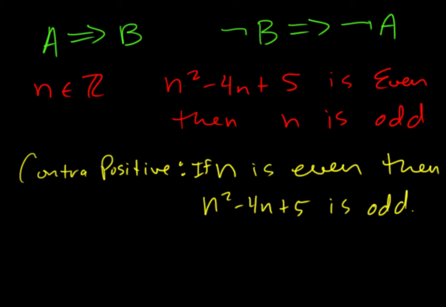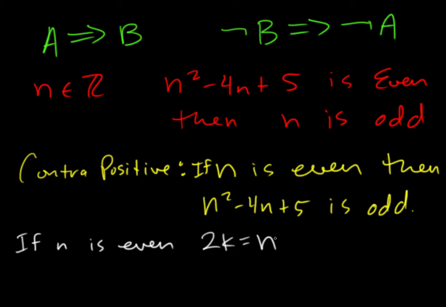Okay, so if we know that n is even, then there has to be, this has to be true for some value of k.